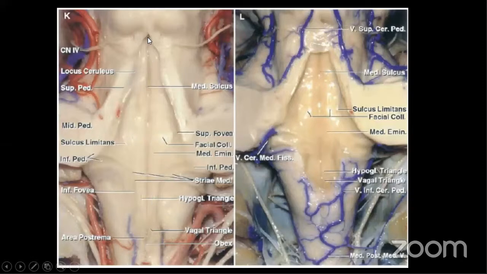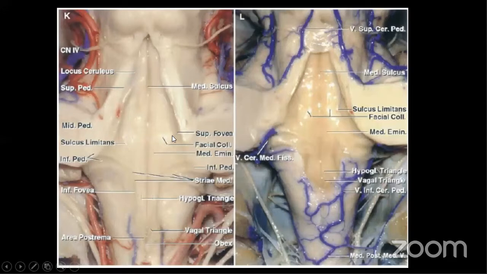Then we obviously cannot miss this median sulcus that is dividing this rhombus into two vertical triangles. And lateral to the median sulcus, we have the sulcus limitans, very faint here. Between the sulcus limitans and the median sulcus, we have this medial eminence that is the region of the facial colliculi. And what were the facial colliculi? Facial colliculi were actually the motor nerve fibers winding around the abducent nerve nucleus.